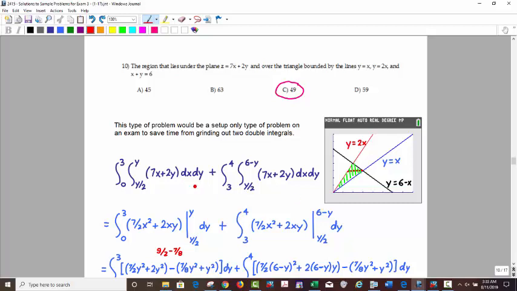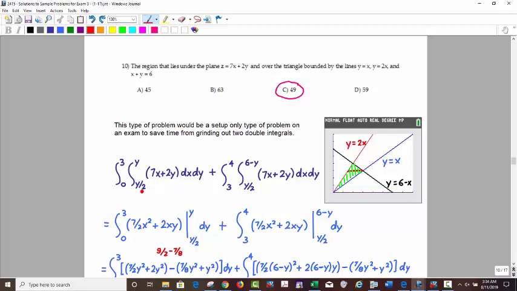Now to go dx dy, I graphed all three of these, and it's that bounded triangle between them. I have to get x in terms of y. Below the line, we're going from left to right, which means red to blue. So yes, it's y equals 2x to y equals x, but they have to be x in terms of y. y equals 2x is the same thing as x equals y over 2, and then x equals y.